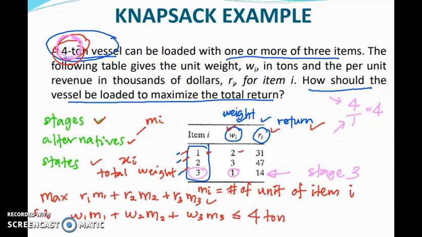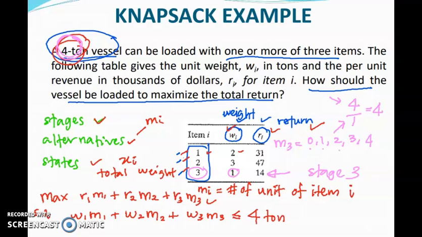So for M3, the possible values are 0, 1, 2, 3, or 4. 0 means you don't select item 3 at all. 1 means that out of the overall capacity, you select 1 unit of item 3.